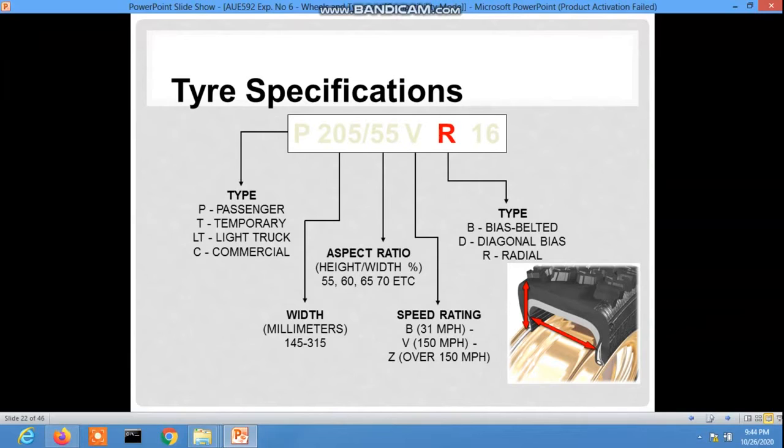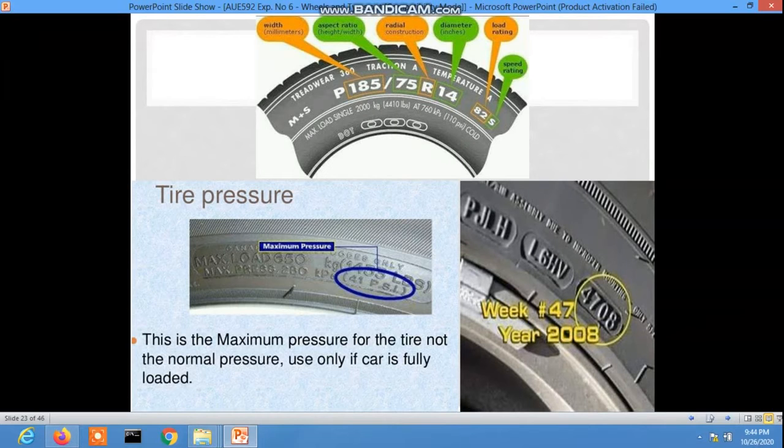Now the 16, that is the rim diameter. The rim diameter is also indicated, the diameter of the wheel rim, and it is denoted in inches, that is 15 or 14 inches. Now here is another picture which is also shown, P185, 75, R14, which is already spoken.